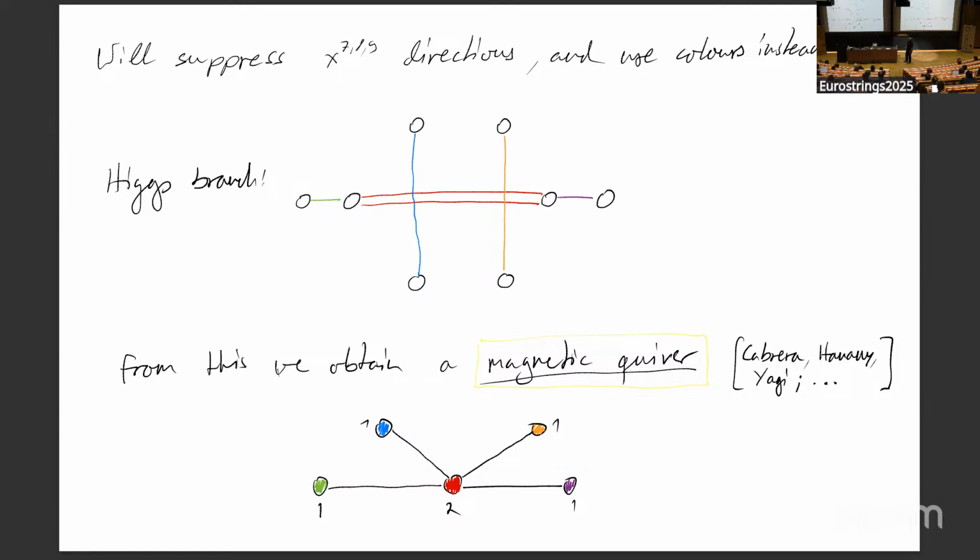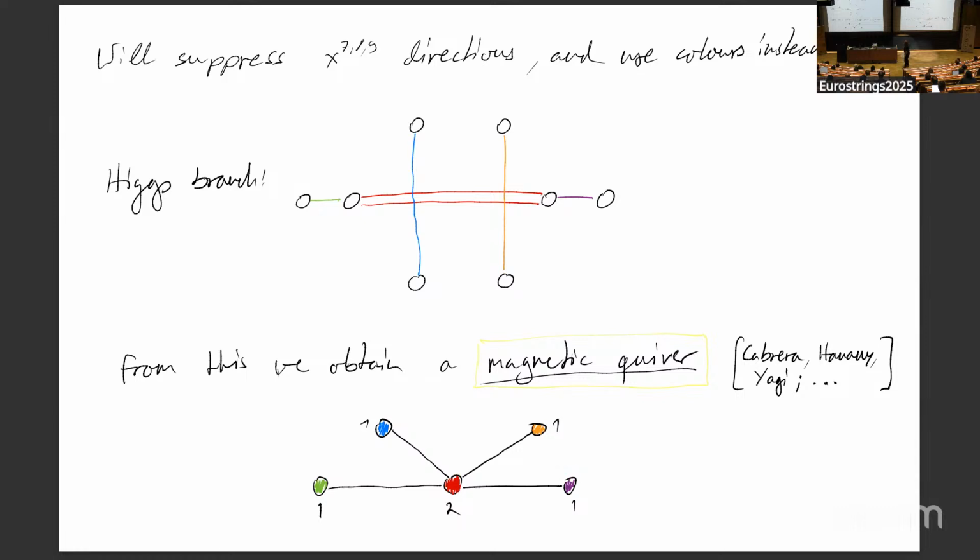And now if I want to know the geometry of this Higgs branch, I can extract something called a magnetic quiver, which was introduced by Cabrera, Hanany, and Sperling in the 5D world. And there have been many, many works on this. So I'm not going to say how, but very roughly all the branes, they become a node, the different kind of brane segments, and then the edges are gotten by using some tropical geometry from these brane segments.